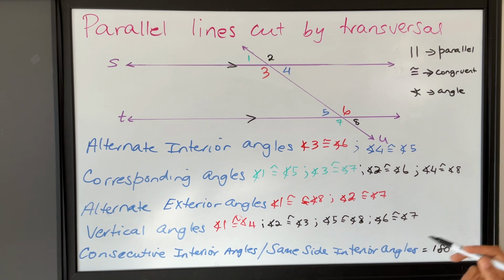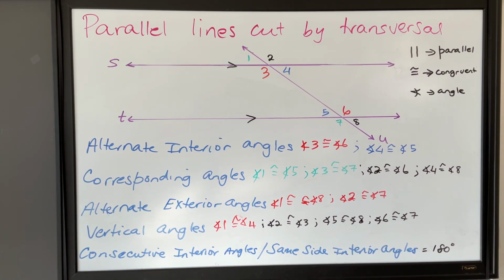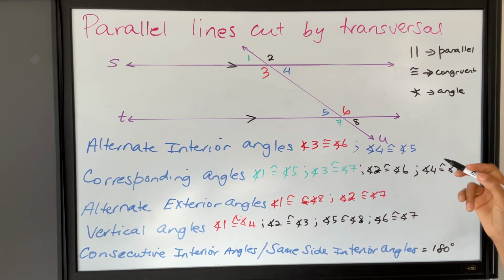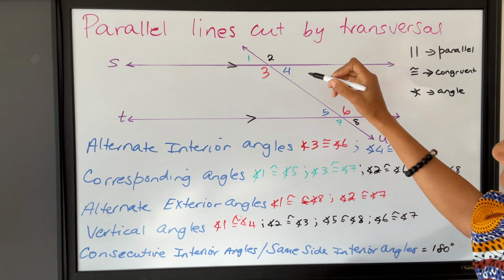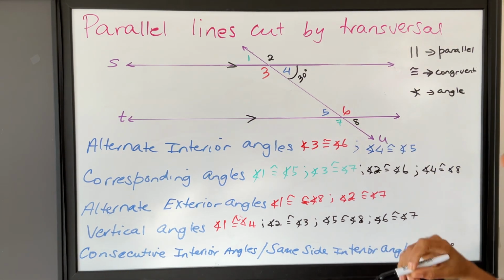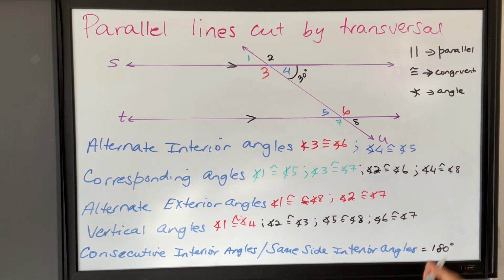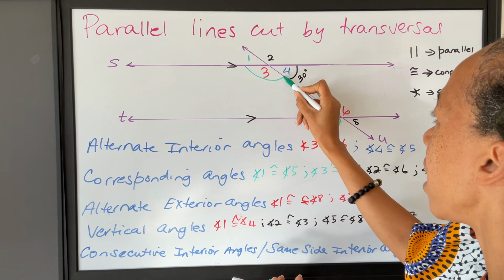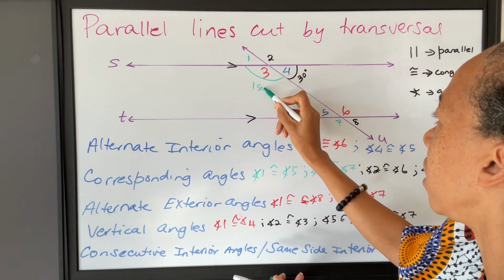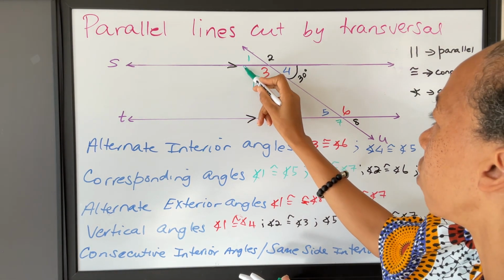Now, let's get into the same side interior angles, or what is also called the consecutive interior angles. Say for instance, hypothetically speaking, I label this as 30 degrees right here. If that is 30 degrees, then the other angle over here is going to be 150 degrees, because we know the angles on a straight line add up to 180 degrees.